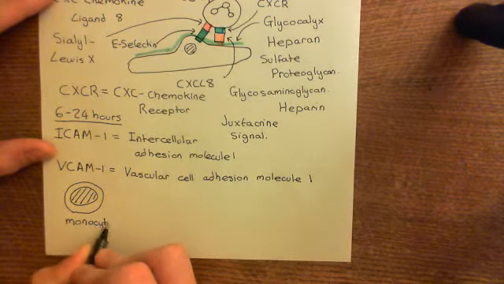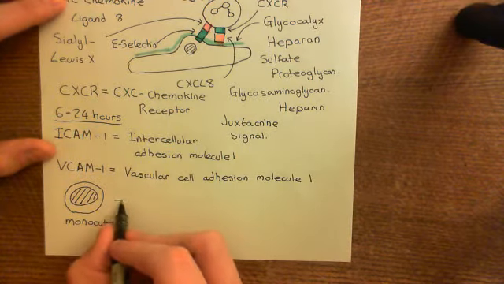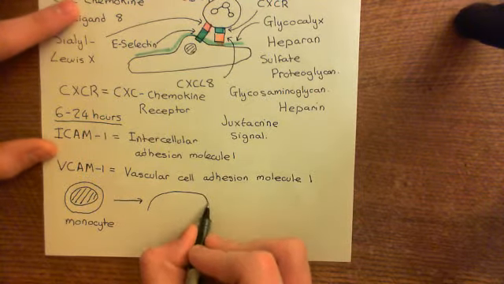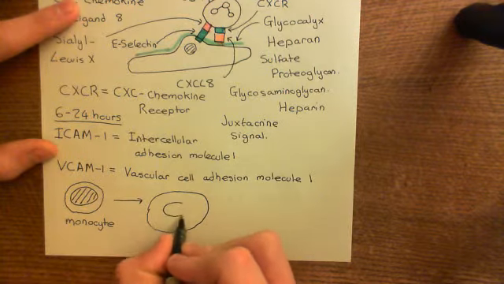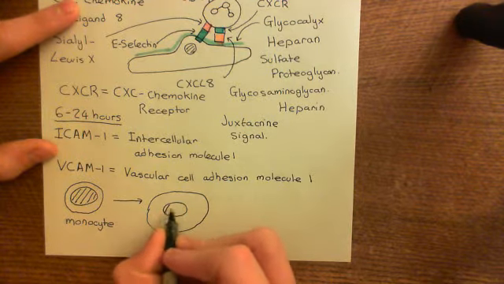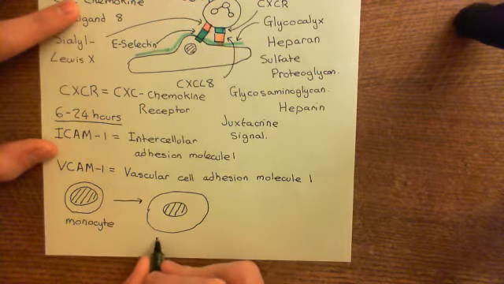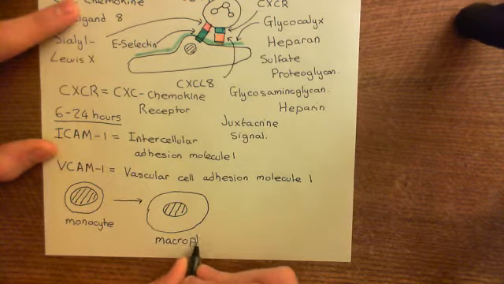However, once you have moved a monocyte out of the blood into the interstitial space, it will undergo differentiation and it will become a much bigger cell known as a macrophage. And macrophages, their name means big eater. Macro means big. Phage means eater, so they are a big eater.